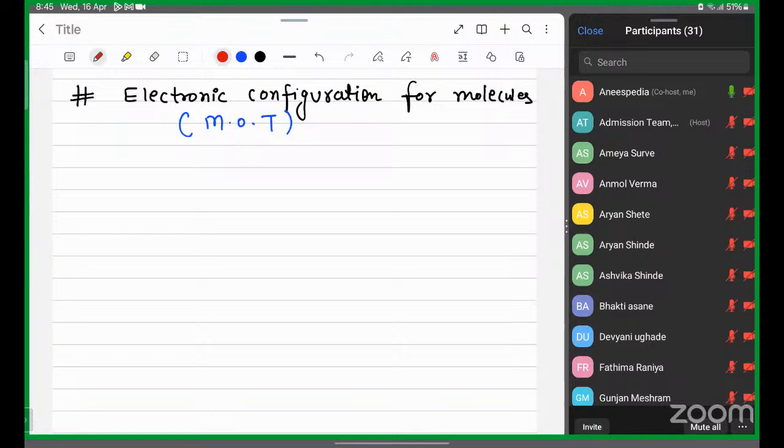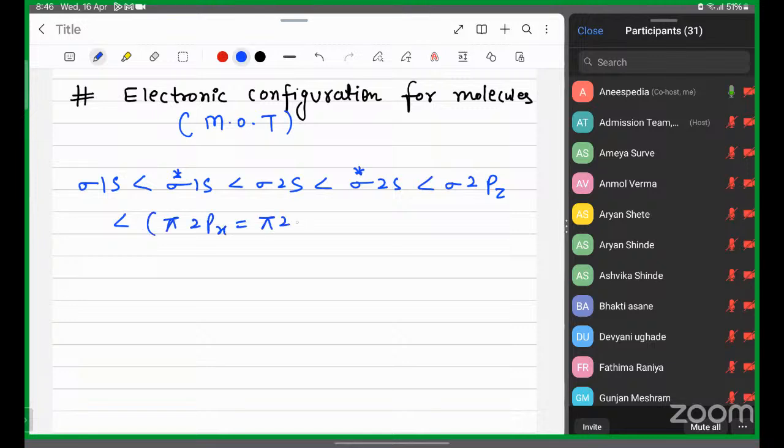There are two different series to write the electronic configuration of a molecule. The first one is sigma 1s, sigma star 1s, sigma 2s, sigma star 2s. Then we have sigma 2pz. Then we have pi 2px equals pi 2py, and then pi star 2px equals pi star 2py.